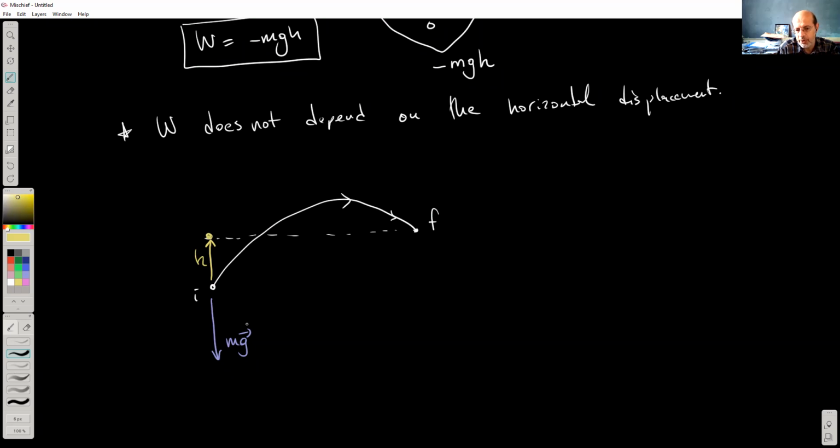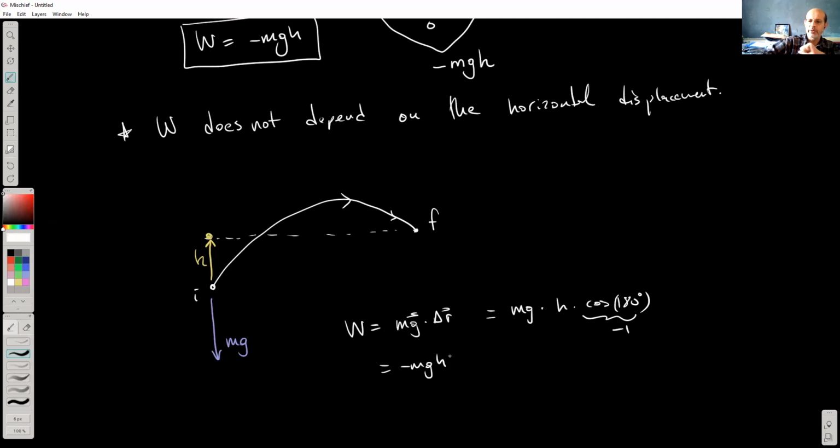Force has a magnitude of mg. So let me also remove this arrow in here. Since these are opposite in direction, work done in this kind of situation is basically mg times h times the cosine of the angle between them. But that's equal to -1, so therefore that's minus mgh.